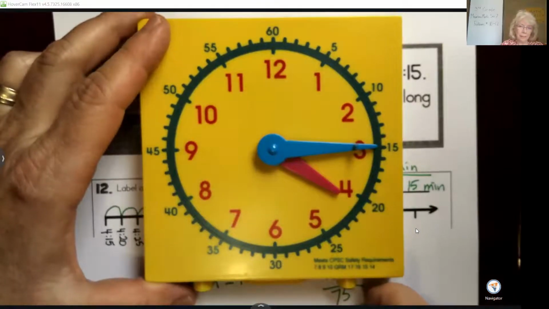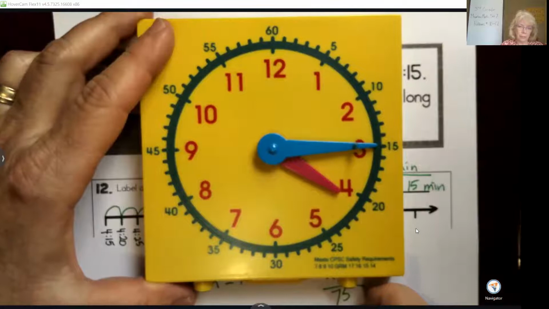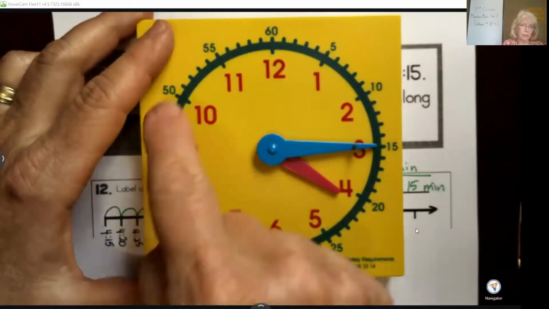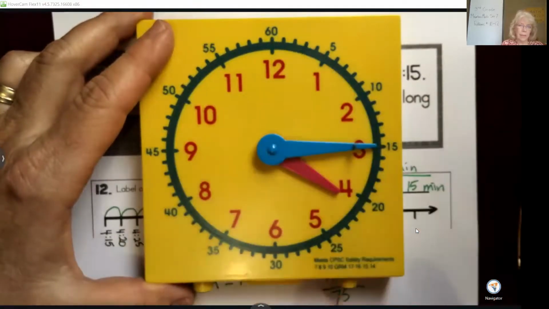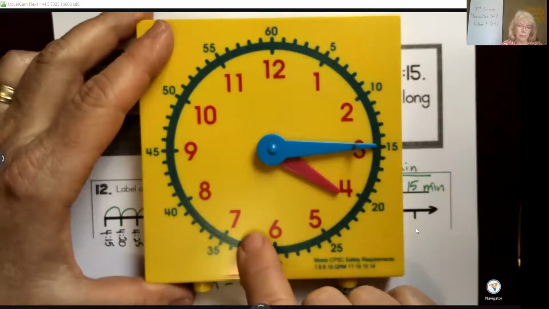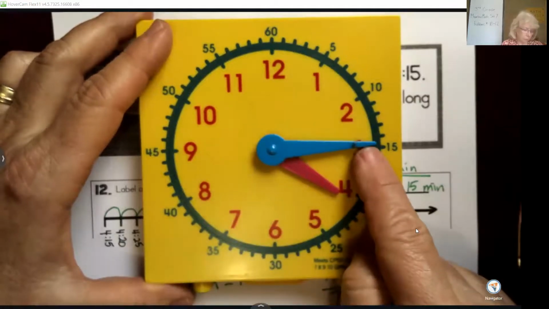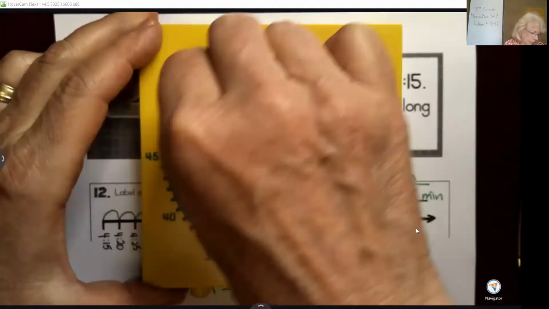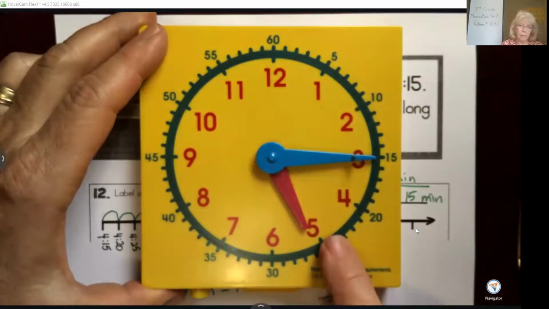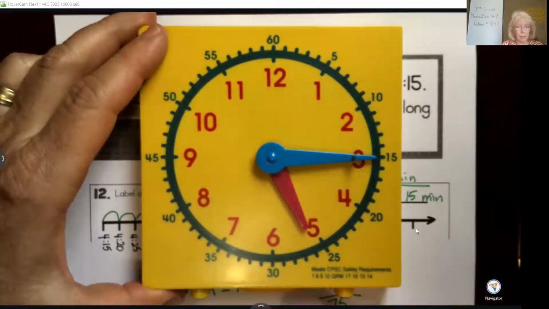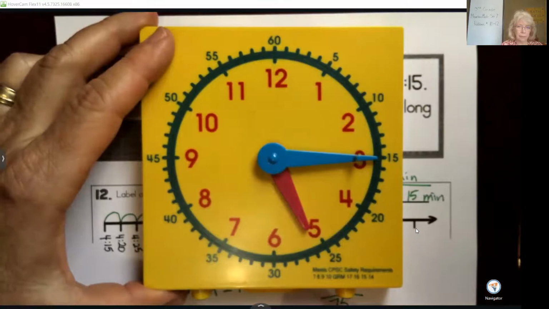Our ending time is 5:30. So I could also do this on the clock, seeing how much time has gone by to get to 5:30. So let's see what happens if I go 1 hour, which is 1 full rotation. Okay, 1 hour gets me to 5:15. Okay, I'm not at 5:30 yet. I still need to get to 5:30.